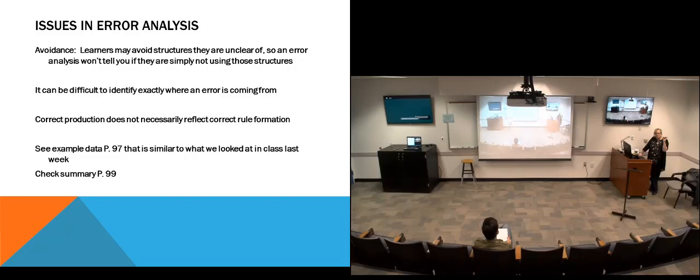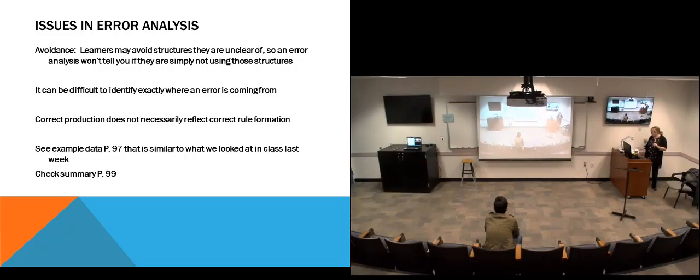So if you just looked at month 1, you'd say, wow, that chick's got that down, right? But when you go to month 2, you see that her rule formation is not correct, okay? She's using templates or she's using unanalyzed chunks of language. Clearly, she does not understand how the rule works, okay? So in other words, you have to look at many instances of production in order to get an idea.